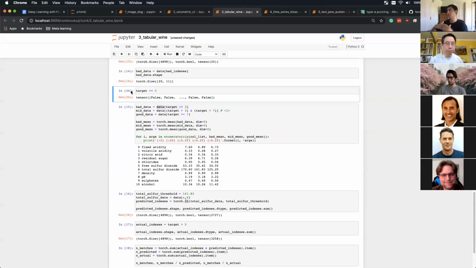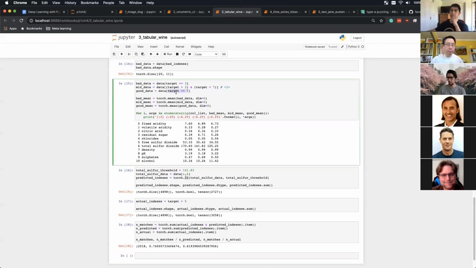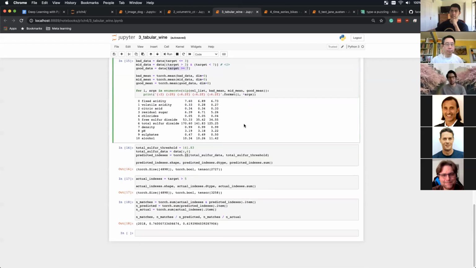All of the ones that it marks false, it will just discard, basically. So we end up with various different sizes of bad data, mid data, and good data based on the number of rows that were returned true by this condition. This is the same as NumPy indexing, if you're familiar with that. It's just in PyTorch now.